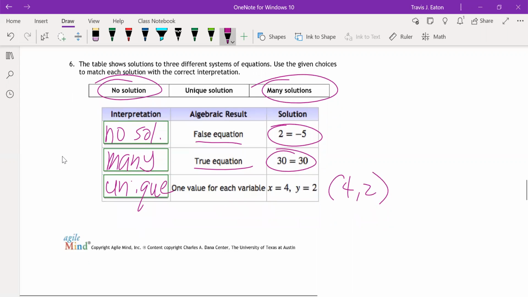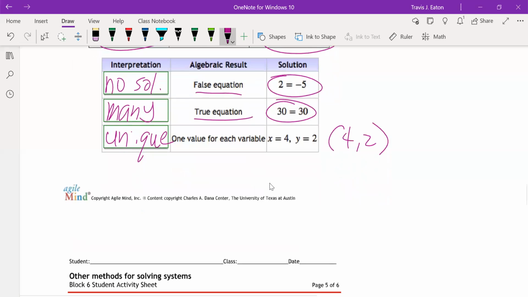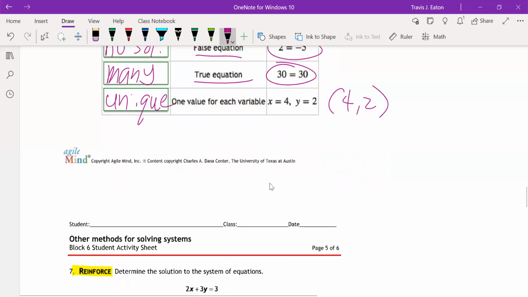If it comes up that one number is equal to some other number, obviously that's false, no solution. If it works out and you don't have any variables, but you end up with a number equaling itself, that of course is true. It means you'll have infinite solutions. But of course, when you have that single xy pair, you have a unique solution, because that's when those two lines intersect in one spot.